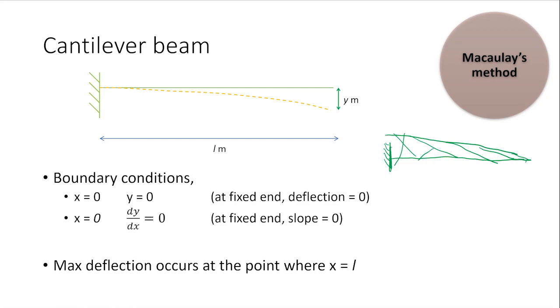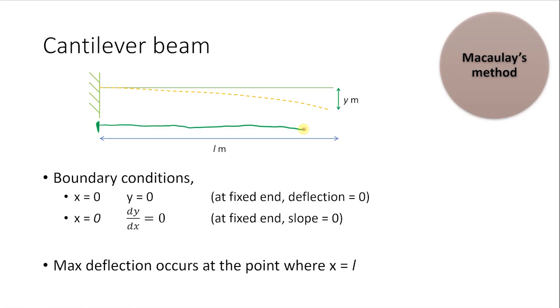For the cantilever beam, the boundary conditions say x equals zero, y equals zero. So starting from here, it is 0. x can be anywhere. When x is equal to zero, which means here, y will be equal to zero, meaning there is no deflection.